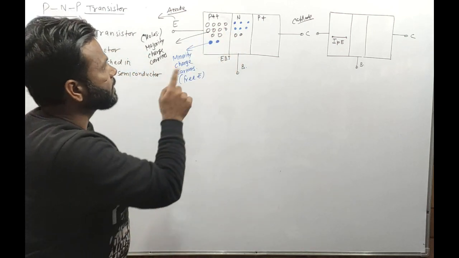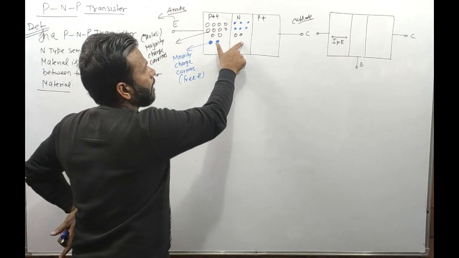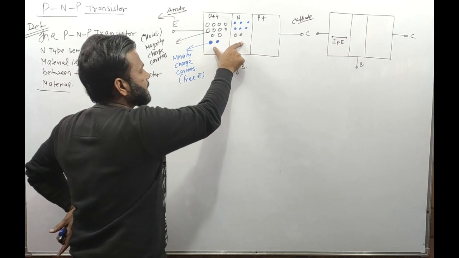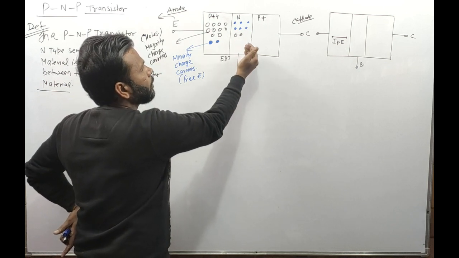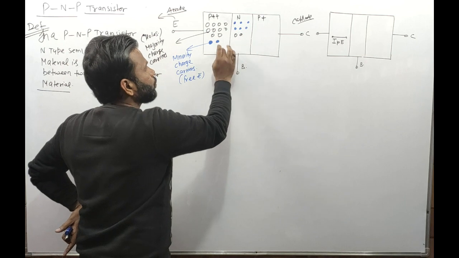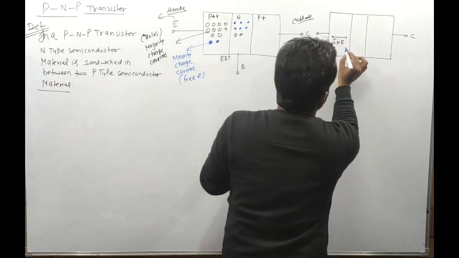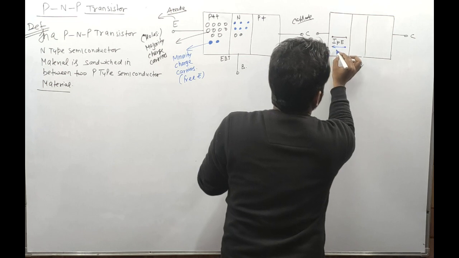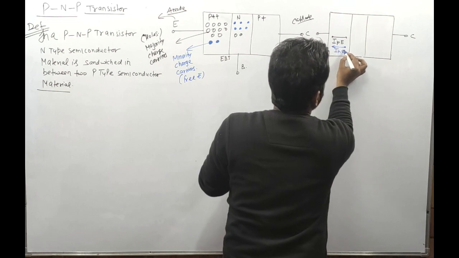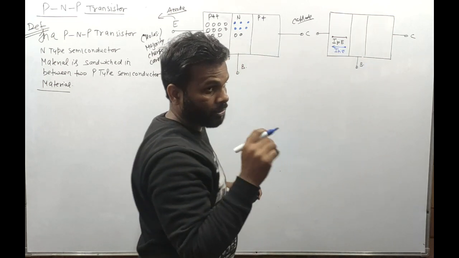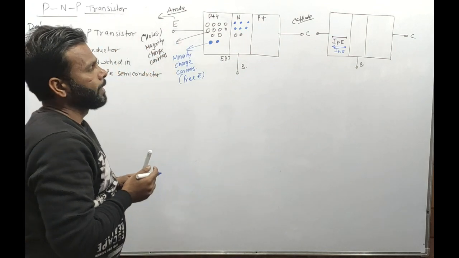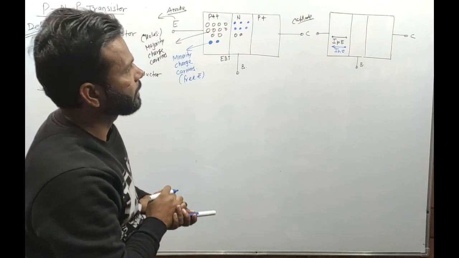Now at the n side electrons are more, but at the p side electrons are less, so there will be movement of electron from base to emitter. So electron movement from base to emitter, this is I of N of E. P stands for the holes and N stands for the electron. Okay, I hope so ये चीज क्लियर होगी.